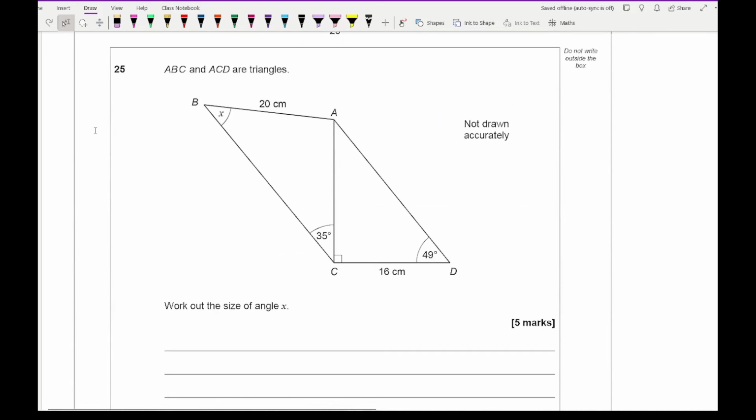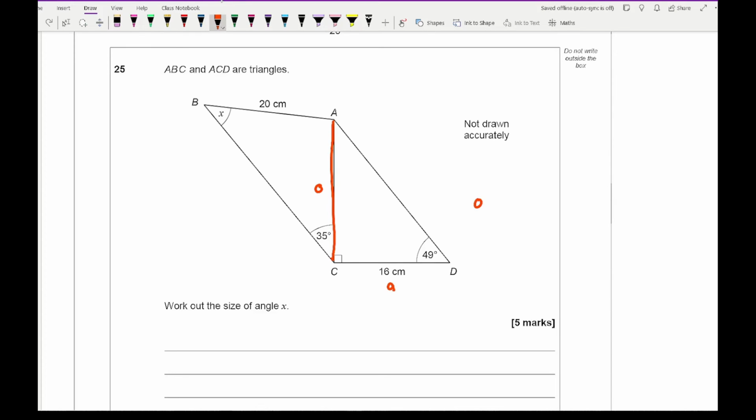Then looking at question 25, it says ABC and ACD are triangles. Work out the size of angle x. For this question, we first need to work out what this length here is. How do we do that? Let's call it O. Looking at the right-angled triangle, this is the opposite and this is the adjacent.